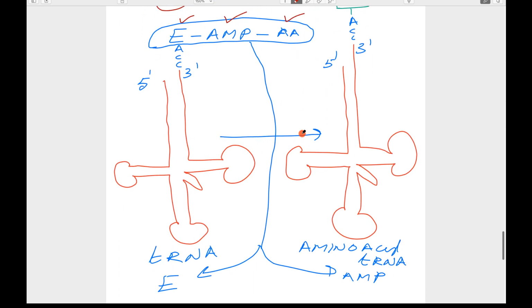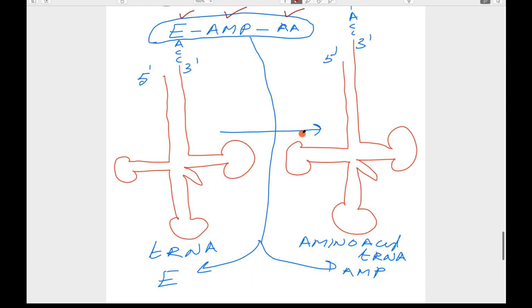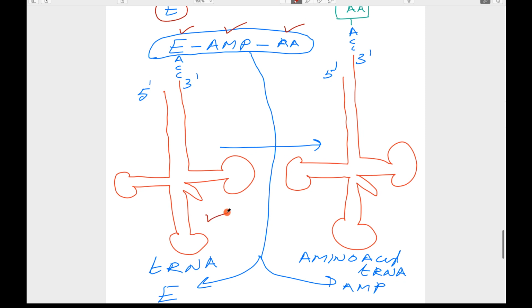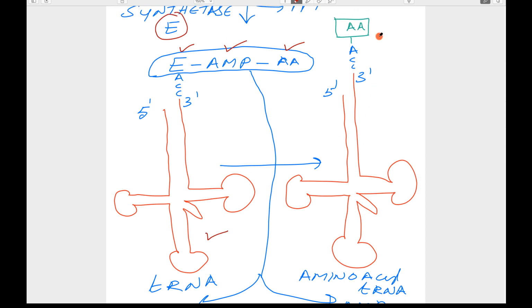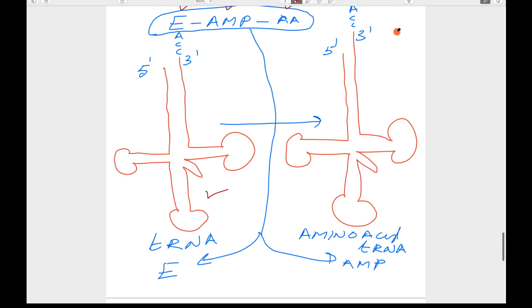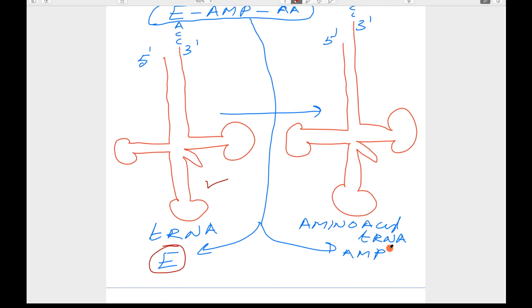With this, the amino acid can be transferred to the transfer RNA, and once it is transferred and bound to the acceptor arm, the enzyme and AMP are released. So this is about the general aspects of protein synthesis and also the activation of amino acid, and binding of the activated amino acid to the particular transfer RNA.